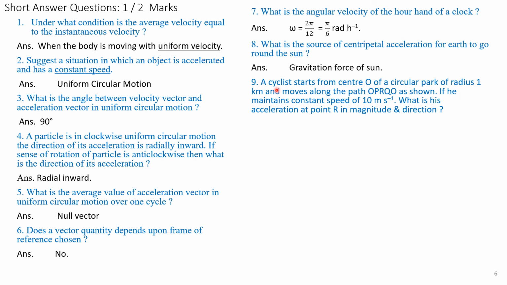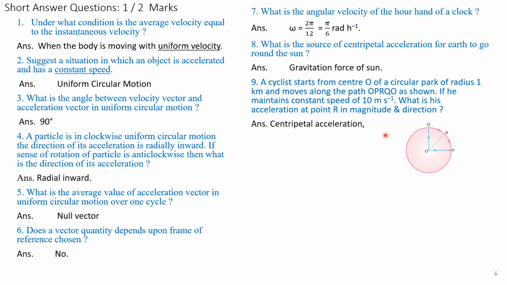Question number 9. A cyclist starts from center O of a circular park of radius 1 kilometer and moves along the path OPRQO as shown. If he maintains a constant speed of 10 meters per second, what is his acceleration at point R in magnitude and direction?